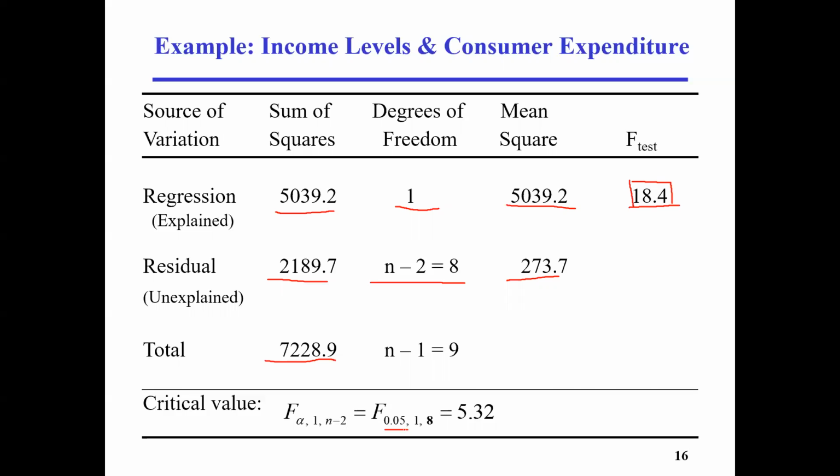Of course, you can change it in your specific research or application, right? 0.05, 1, and 8. Those are the 2 degrees of freedom, right? And the critical value is only 5.32. So your test value is larger than your critical value, which means you need to reject the null hypothesis, right?